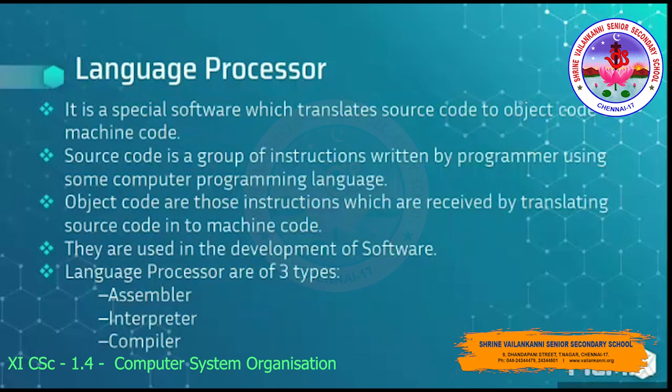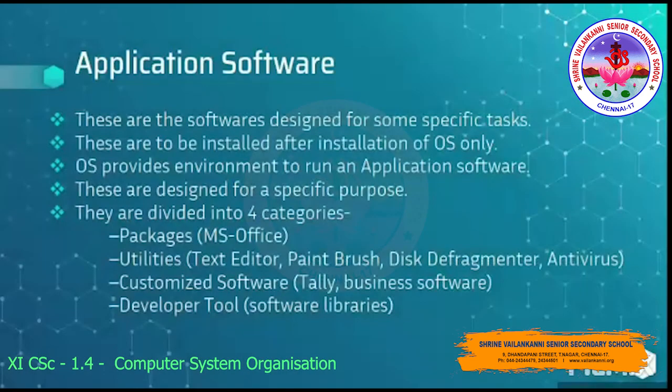Now about the application software. This type of software pertains to one specific application. For instance, a software that can perform railway reservation functions cannot prepare result for a school.